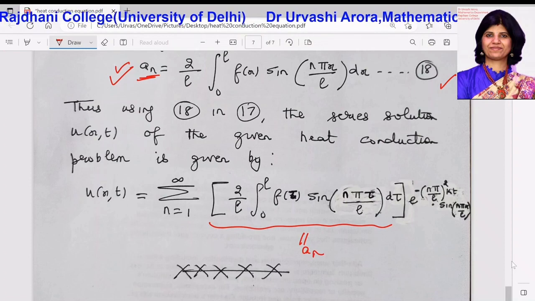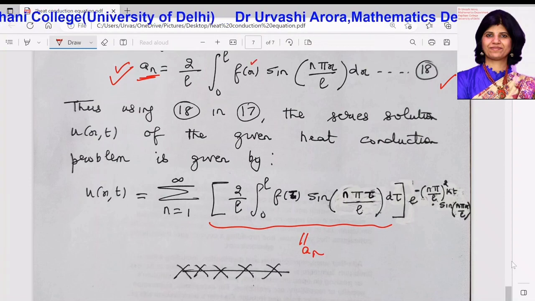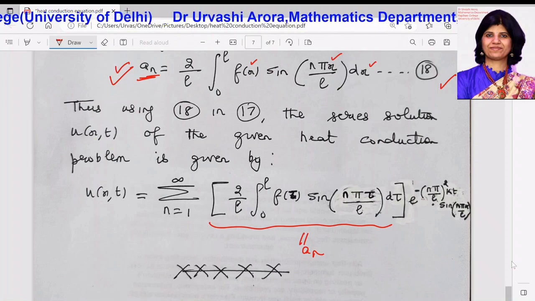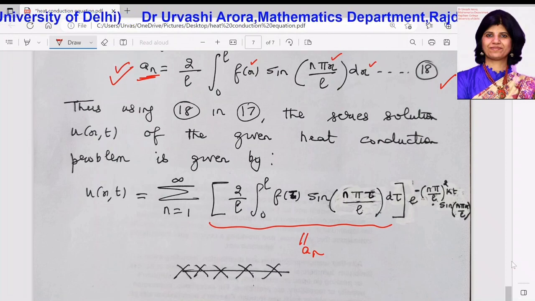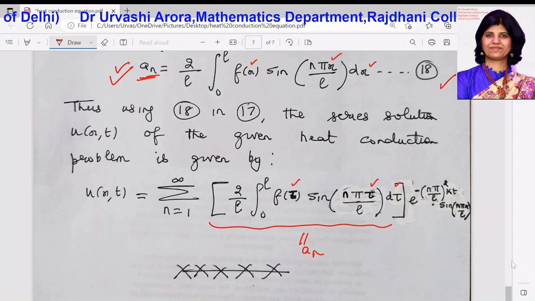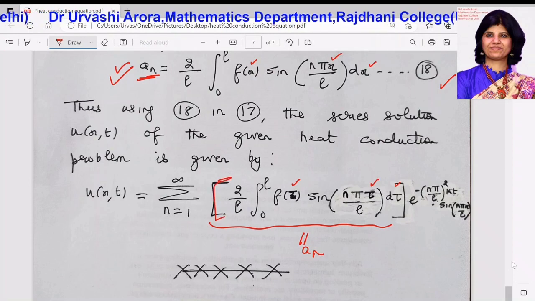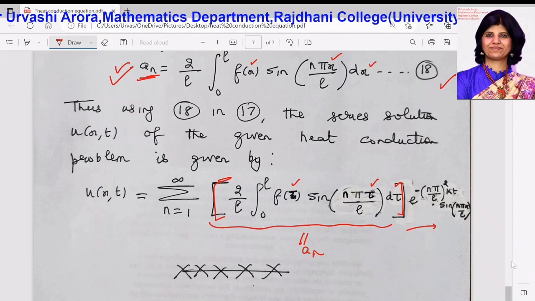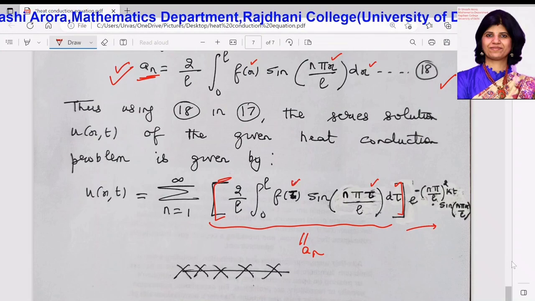Although in a_n we are writing x inside the integral, since you have a definite integral with limits 0 to L, I want to differentiate between the x inside this bracket and the x outside the bracket. So I am writing the inner x as some variable, let's say tau.